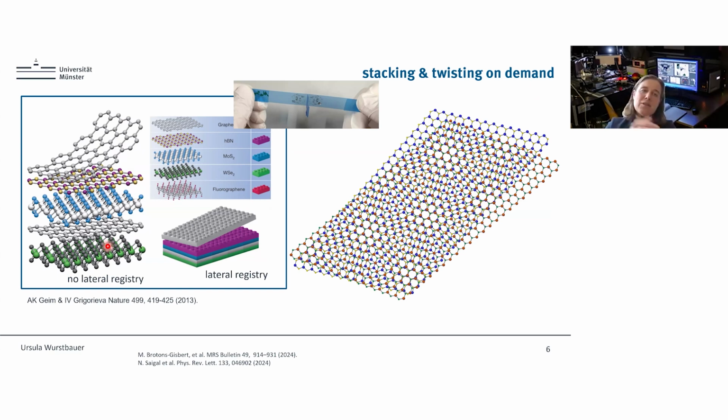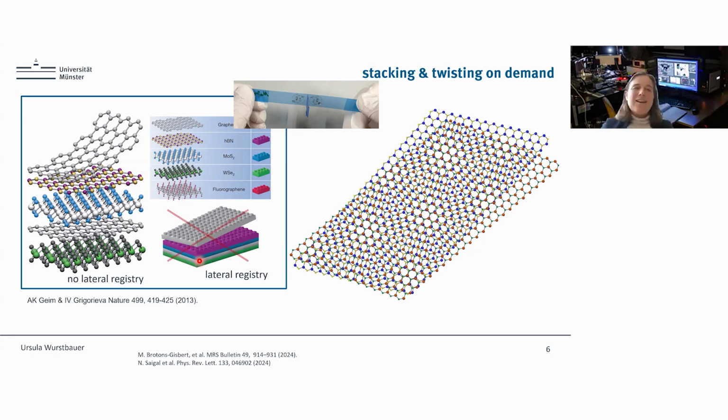With that, we don't have dangling bonds and we don't have a registry out of plane, so we can nearly combine them as we would like to do. There is the analogy with Lego bricks, but there the registry still means you can only stack them in a certain fashion on top of each other.